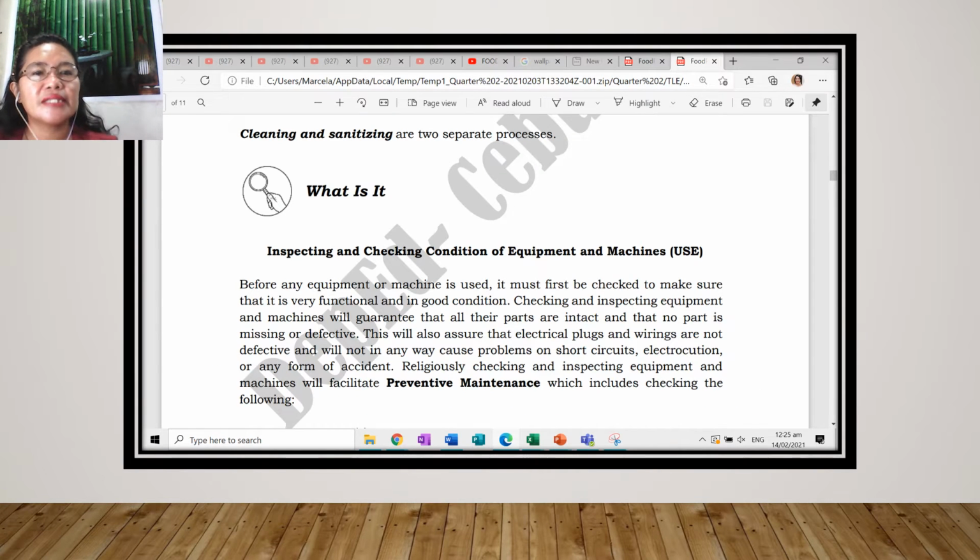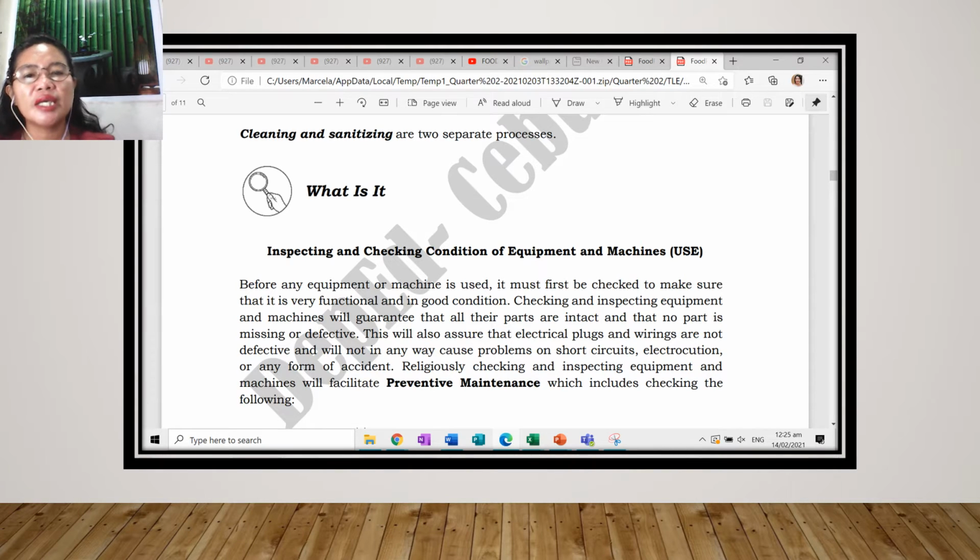Cleaning and sanitizing are two separate processes. Inspecting and checking the condition of equipment and machines: before any equipment or machine is used, it must first be checked to make sure that it is functional and in good condition.